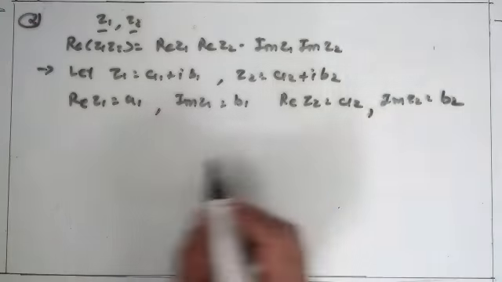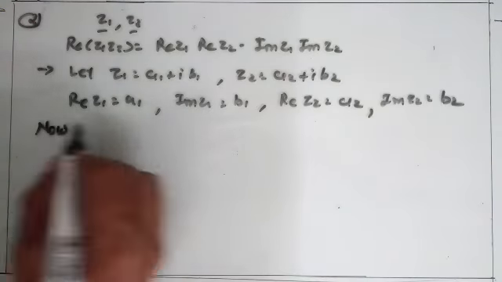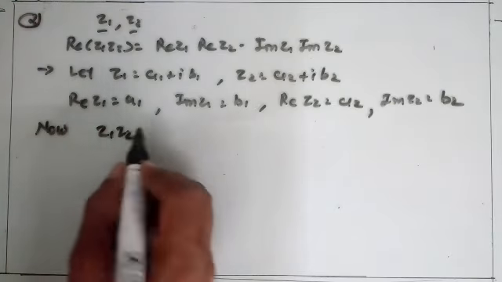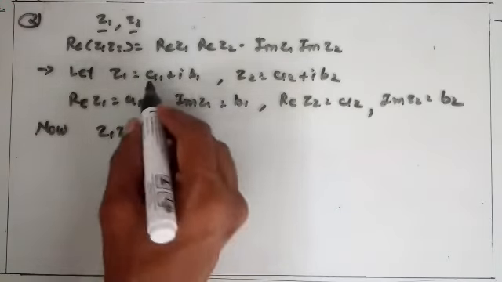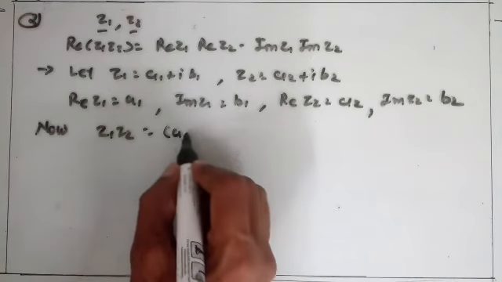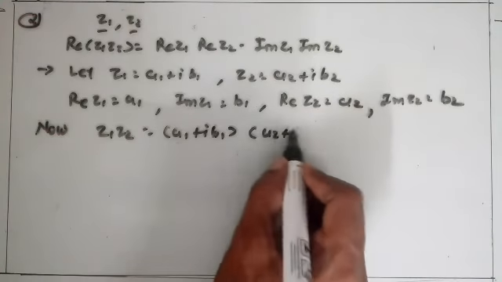Okay. Now we get Z1 into Z2, that is the multiplication of the given two complex numbers a1 plus i b1 and a2 plus i b2.